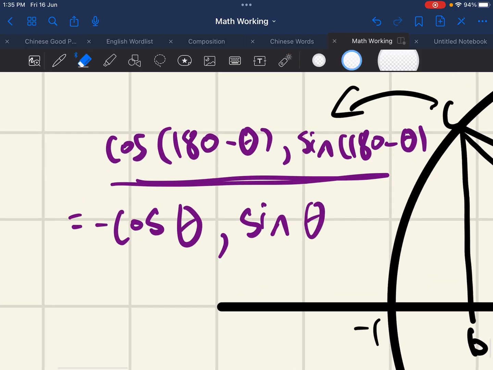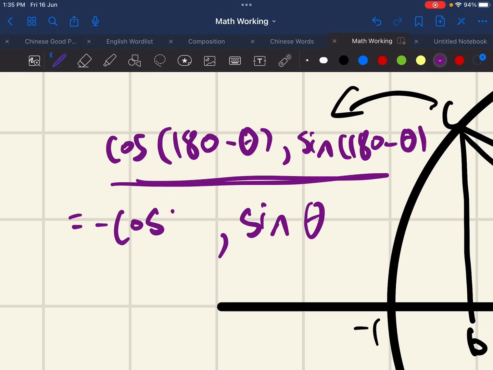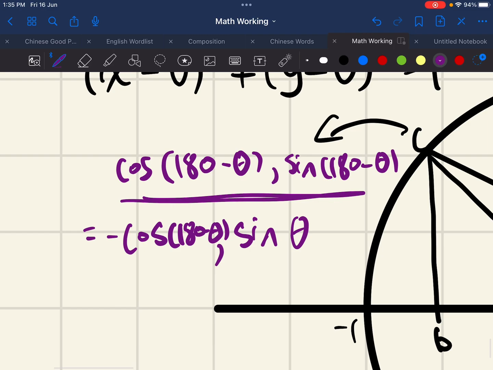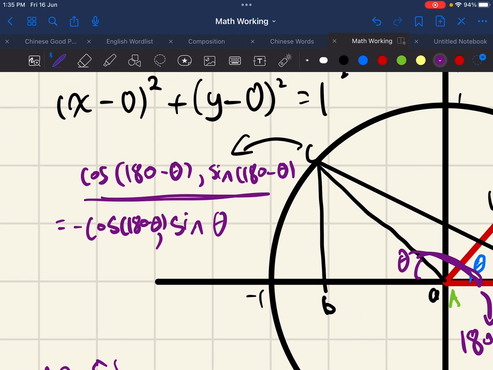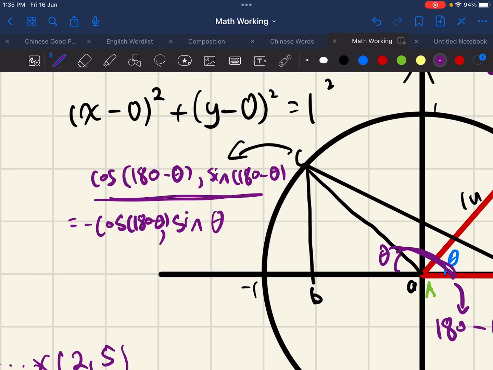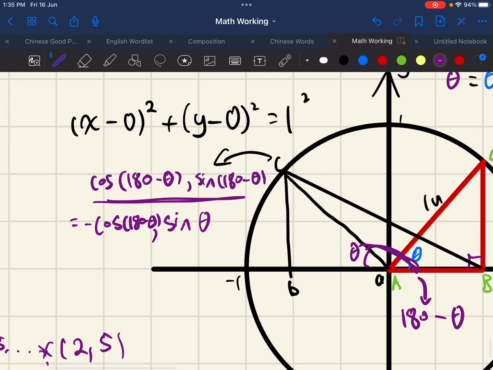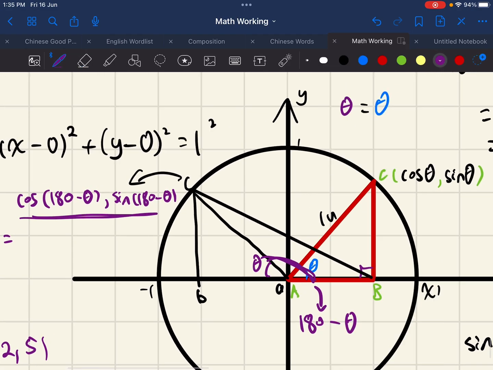This is my bad. Give me a second. This will basically be equals to negative 4.